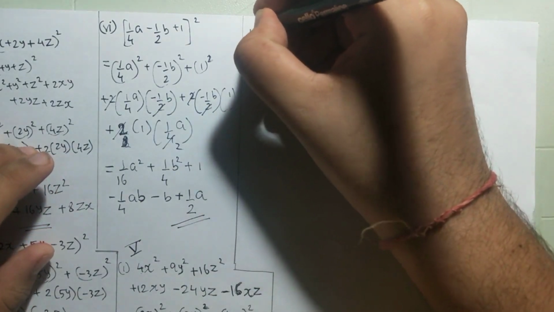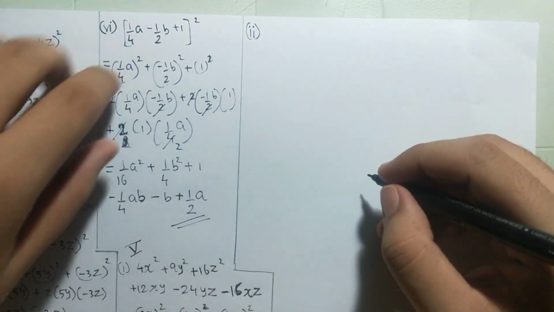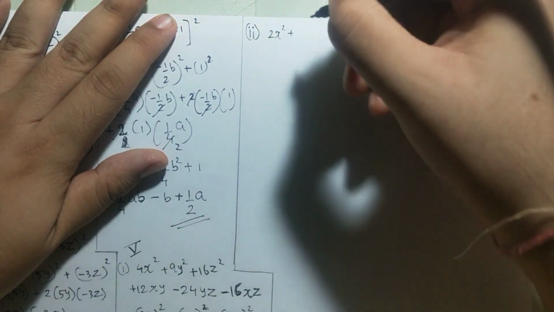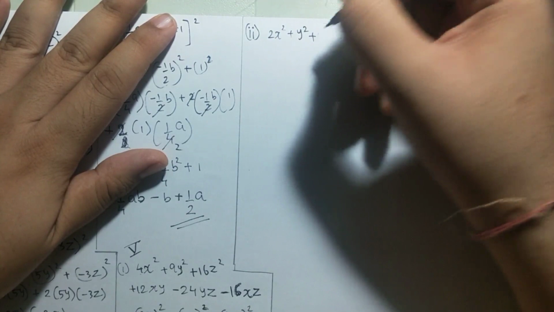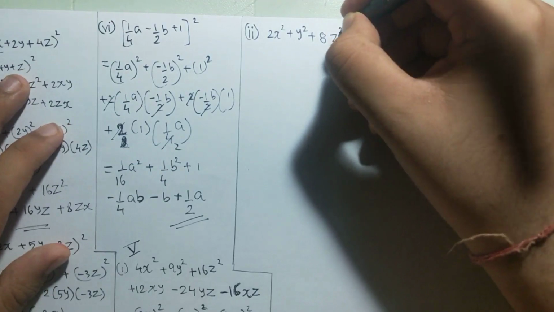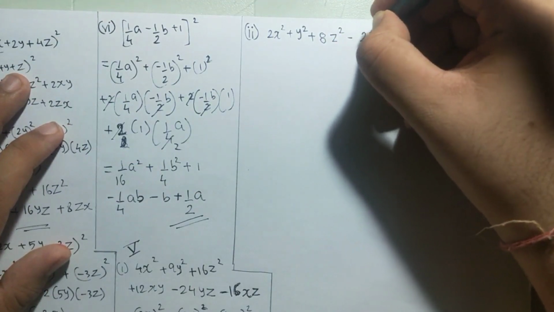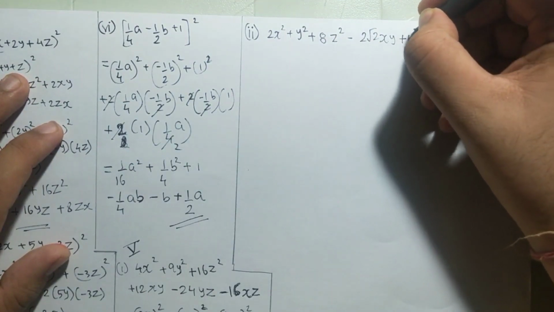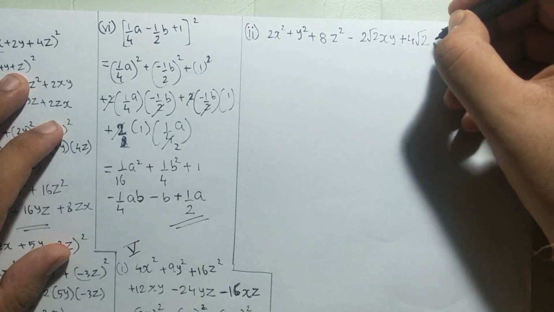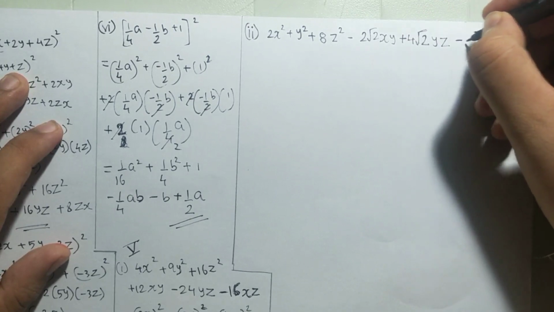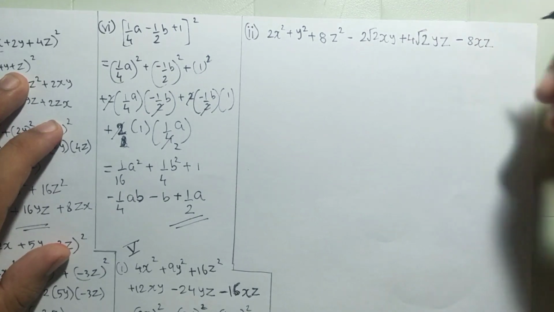Second sum of this fifth one. It is given 2x square plus y square plus 8z square minus 2 root 2 xy plus 4 root 2 yz minus 8xz.